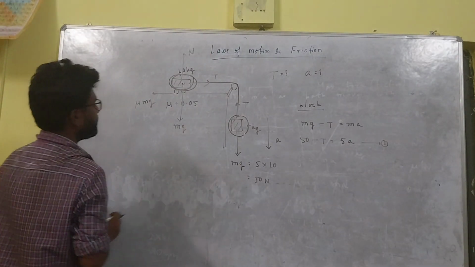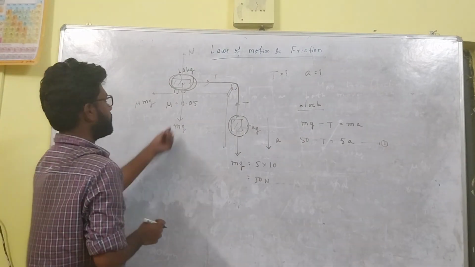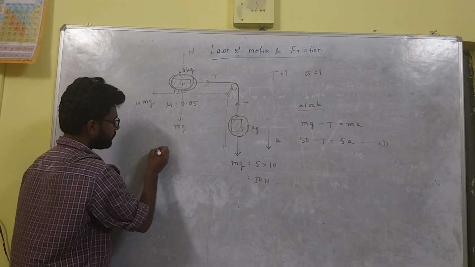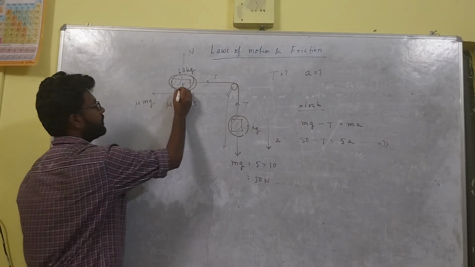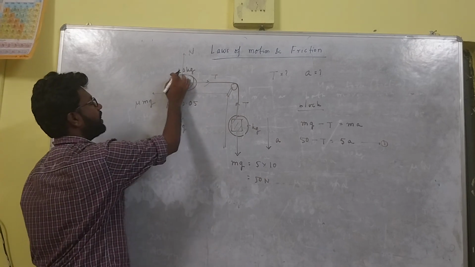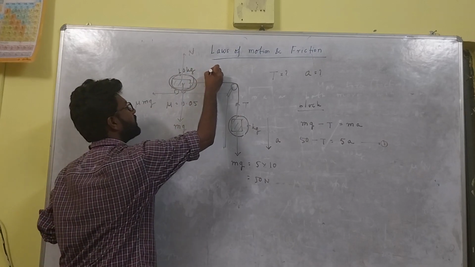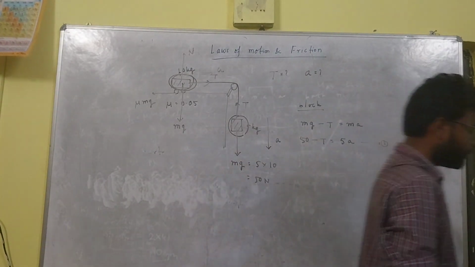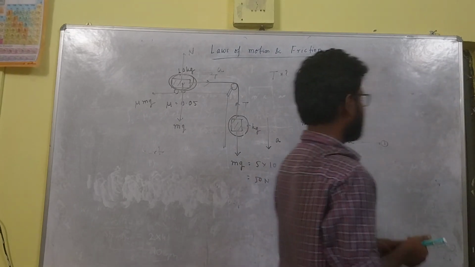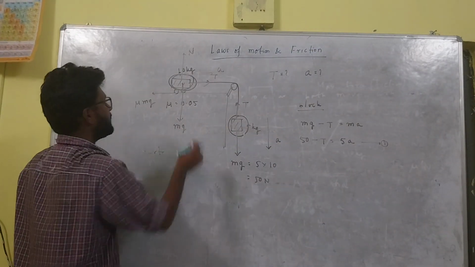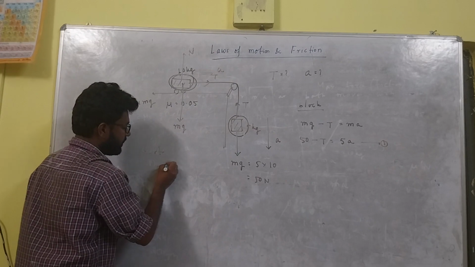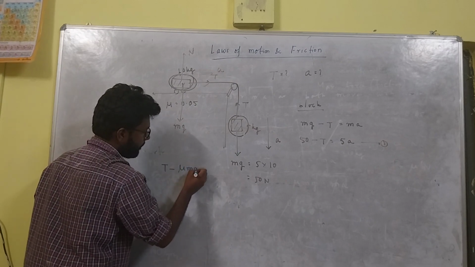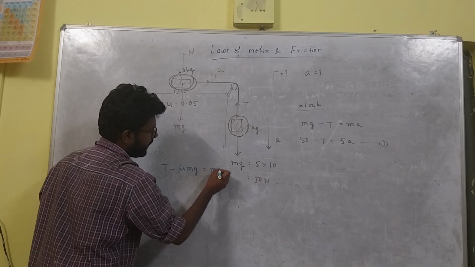So the cart moves forward with an acceleration a, right? That means T will be greater. So T minus mu mg equals ma.